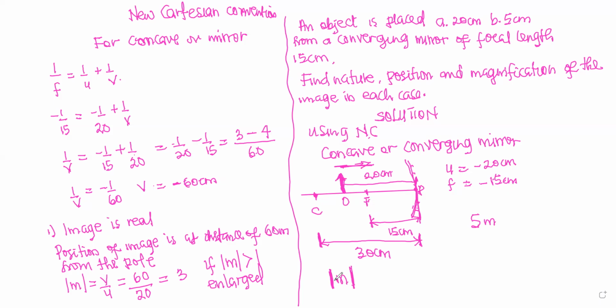But what is the numerical value of V? It is 60. What is the numerical value of U? It is 20. That is why we put small letter m in the bracket, to mean that we are looking at the numerical value of V and U. Are you okay?